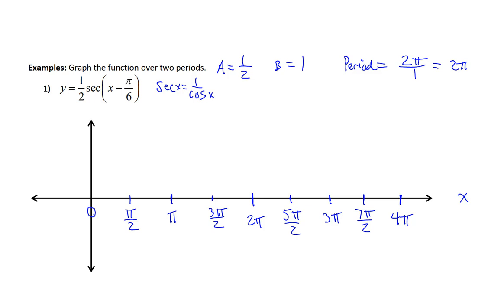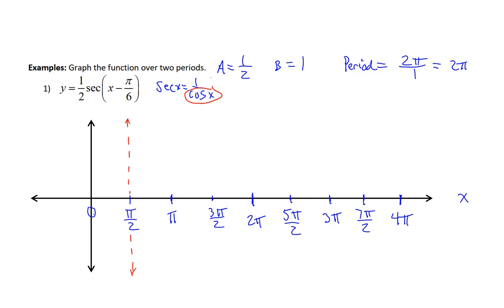So in other words, you would have a vertical asymptote at pi over 2, because at pi over 2, cosine is 0, and that would be our denominator, and you can't divide by 0. That's why you get the vertical asymptote there. Now, hold that thought for a second.